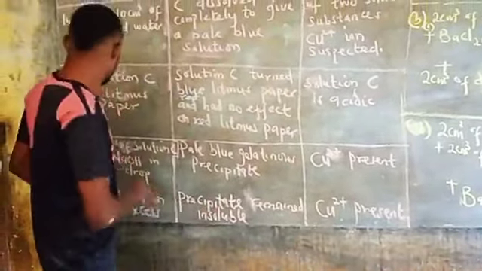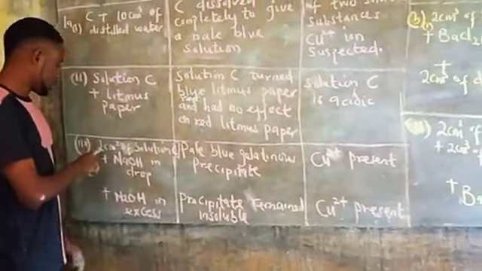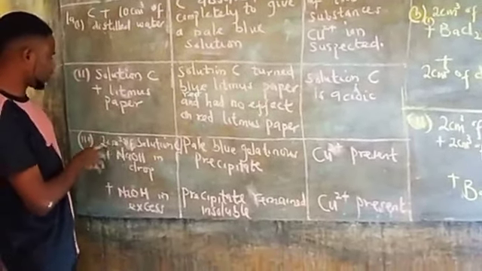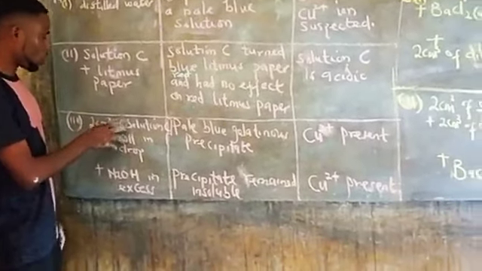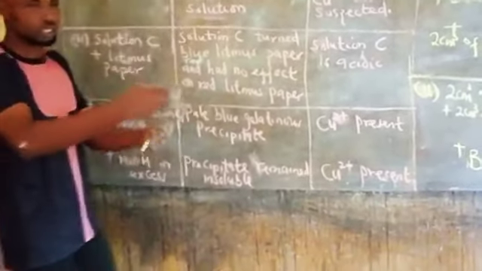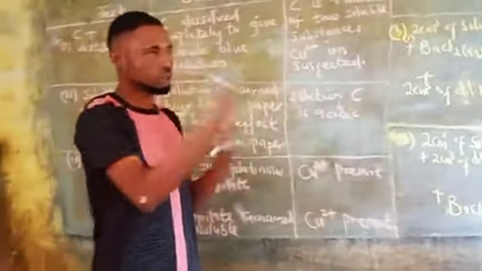Now number 3. 2 centimeter cube of solution C. You can divide the solution into 3 portions.